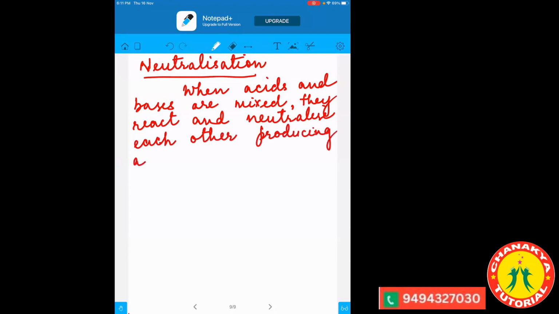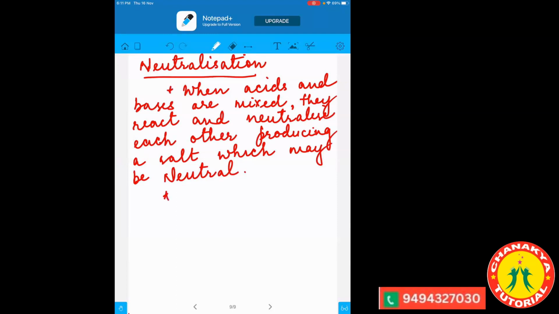So what will be produced? A salt will be produced, which may be neutral. So the salt which is produced, what will it be? It will be neutral, or it can be a little acidic, or it can be basic. But most of the time, a neutral salt will be formed.